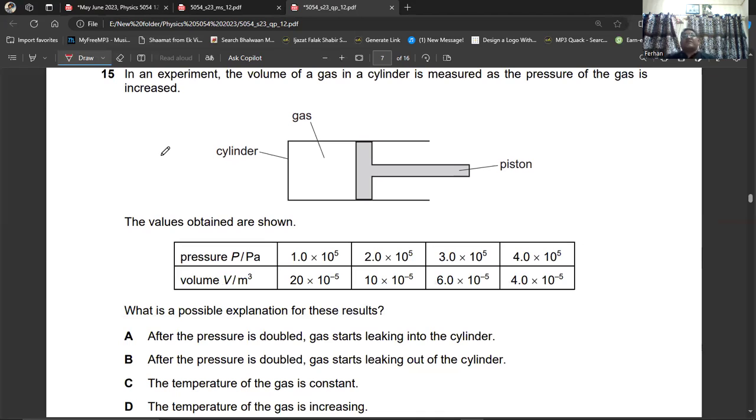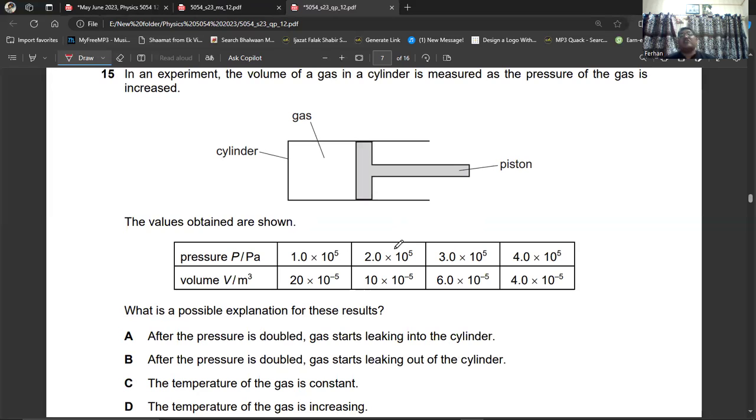Okay, so question number 15 is showing up on your screen. He says in an experiment, the volume of a gas in a cylinder is measured as the pressure of the gas is increased. The values obtained are shown. So here we have a gas inside a cylinder. Here we have a movable piston. When the pressure is 1 times 10^5, the volume is 20 times 10^-5.